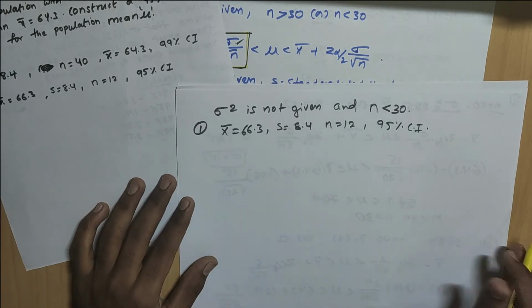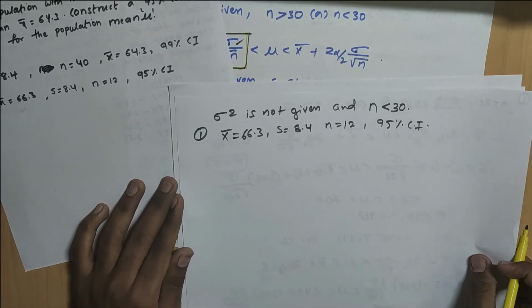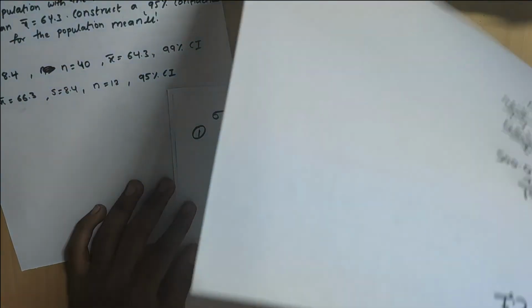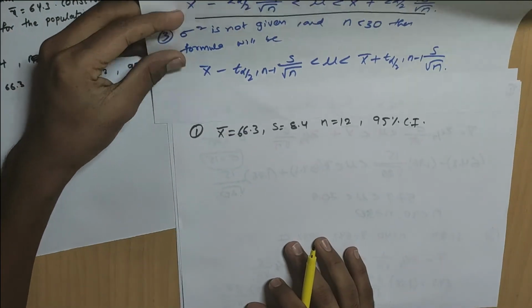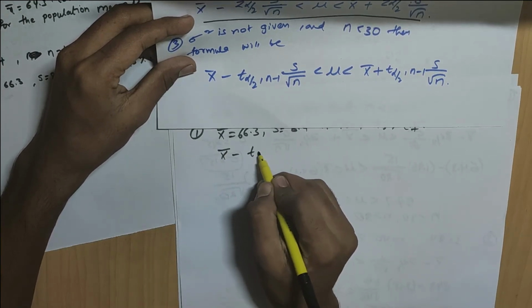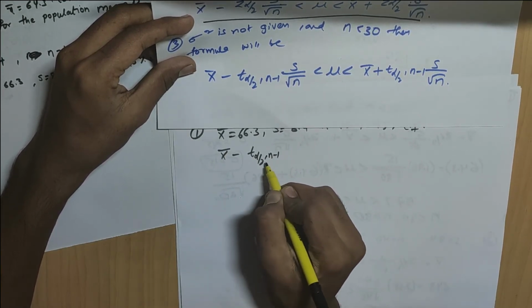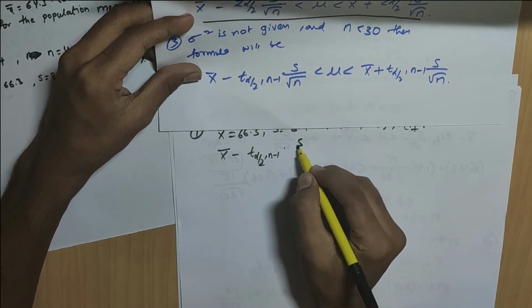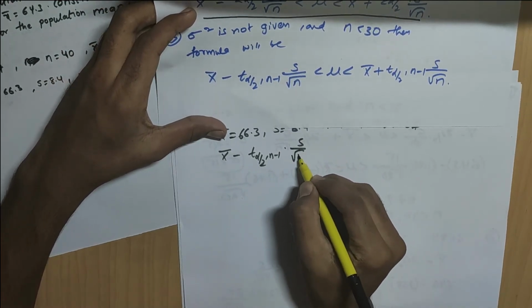First we rewrite the formula as given: x bar minus t alpha by 2, n minus 1, times s by root n.